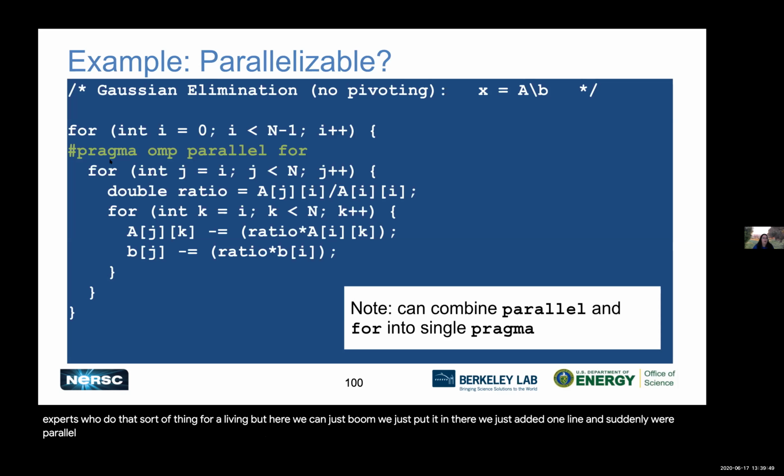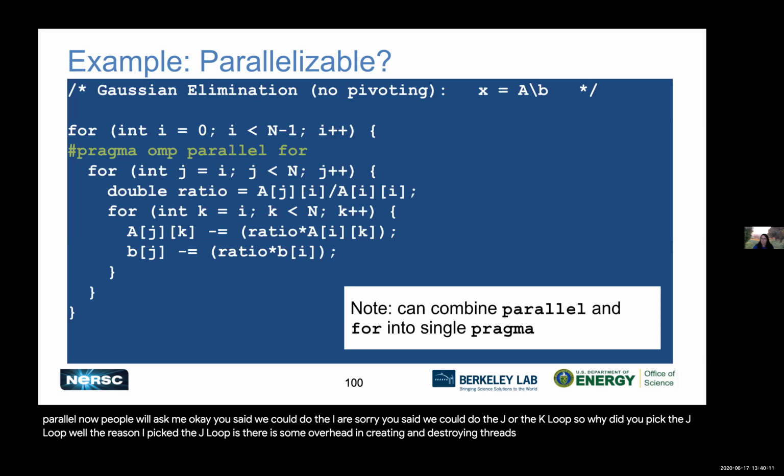Now people will ask me, okay, you said we could do the J or the K loop, so why did you pick the J loop? Well, the reason I picked the J loop is there is some overhead in creating and destroying threads.